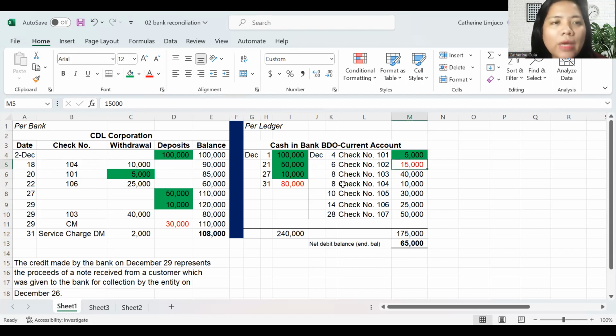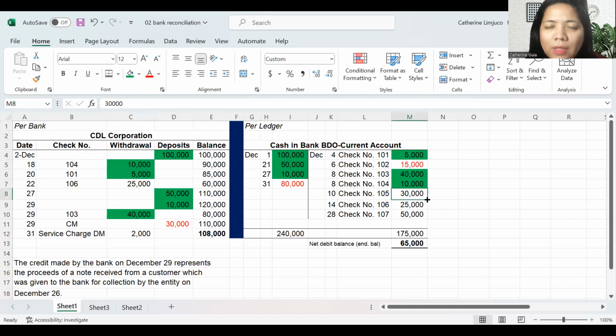What else? We have check number 103. Yes, we have it here also in our bank statement. So we'll have a color for this amount. Okay. How about check number 104? Yes, 10,000. It also appeared per bank statement. How about check number 105?